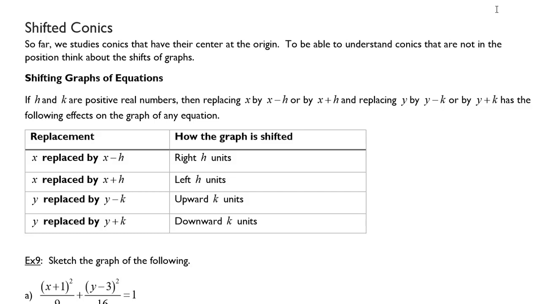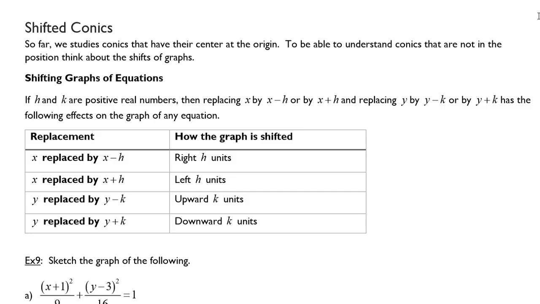So if you have h and k, and they are both positive real numbers, then replacing x by x minus h, or by x plus h, and replacing y by y minus k, or by y plus k, we need to look at the following effects on the graph of any equation. If we replace x by x minus h, it's going to shift the graph to the right h units.